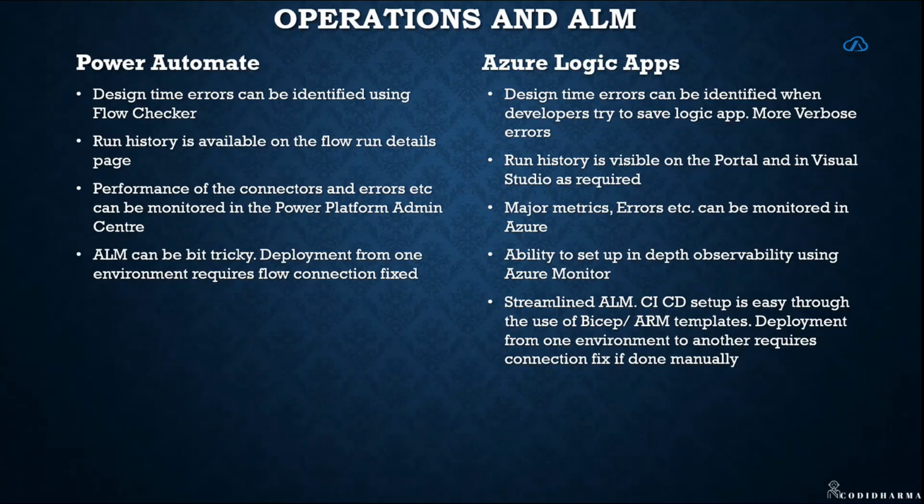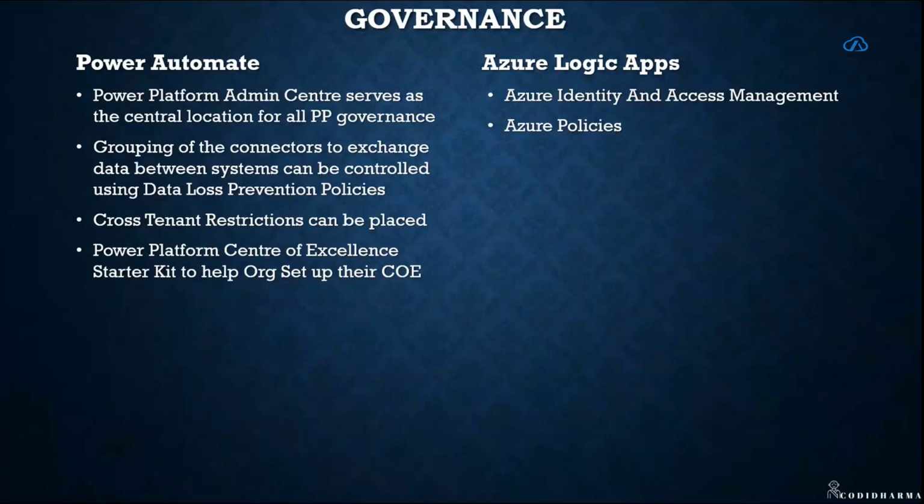So deployment from one environment to another can be automated using these CI/CD pipelines, or if the organization is not yet mature to have CI/CD pipelines, then they can even do the manual deployment. But again, in case of manual deployment, connection fix is required in the higher environment, right? But Azure Logic Apps does not have this concept of licensing associated with it.